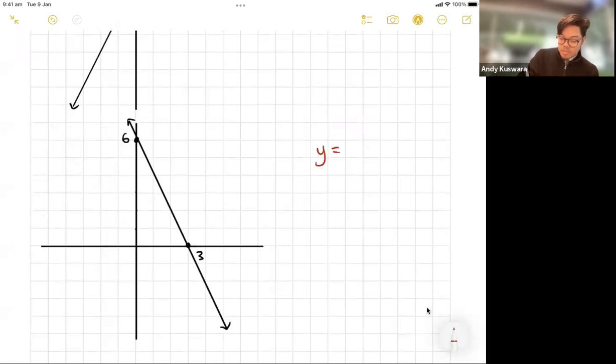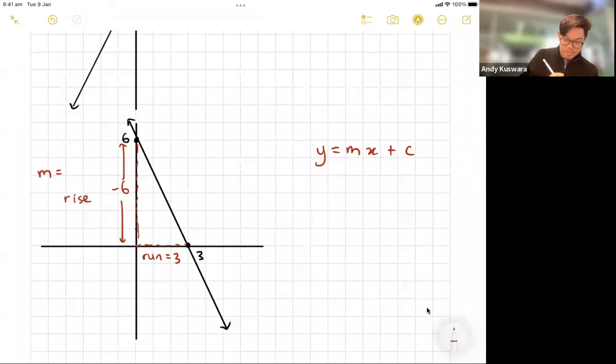Okay, moving on. This is something different here. Again, it's a straight line, y = mx + c, and I need to find the gradient. Let's use this one here. My run equals 3, but my rise is technically -6, because I'm dropping 6 values down: I go across 3 and then down 6.